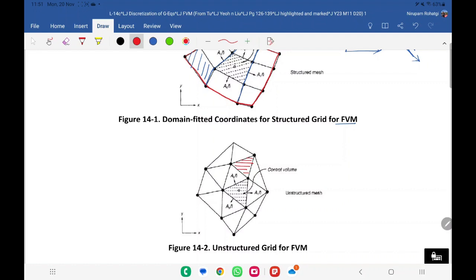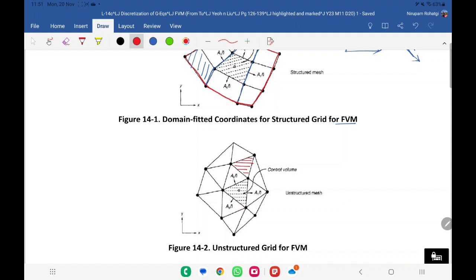The only option available to you is either to use curvilinear coordinates or to divide the zone in such a way that it is made up of squares and rectangles, and for the remaining portion you apply special techniques.